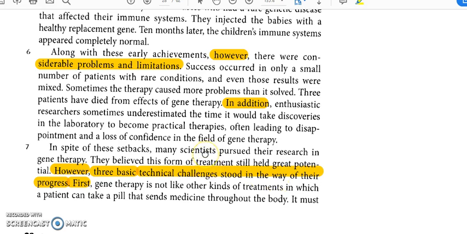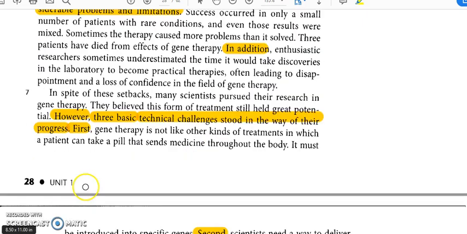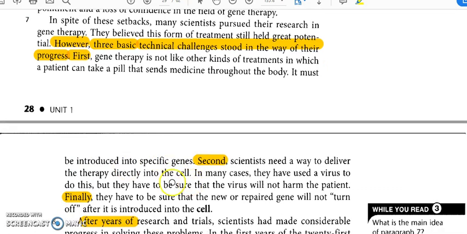The scientists' progress, the treatment progress. There is plural, so we know it's scientists. And then again, first, second, finally. So we know that there are 3 basic technical challenges, first, second, and finally.